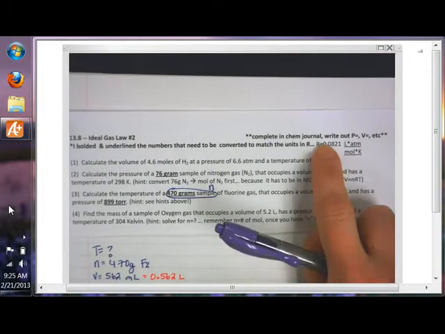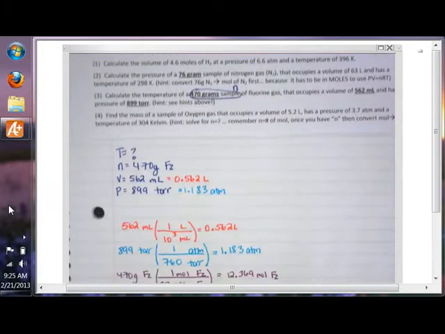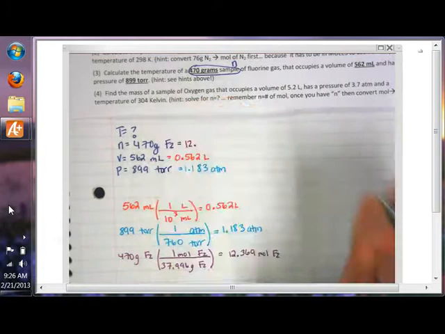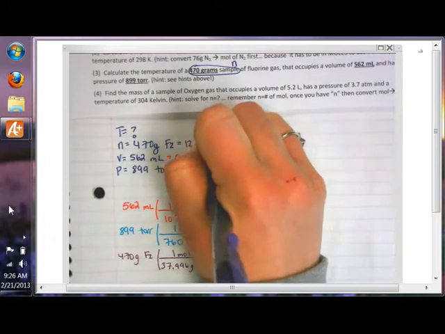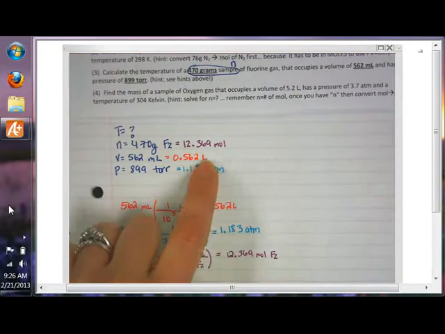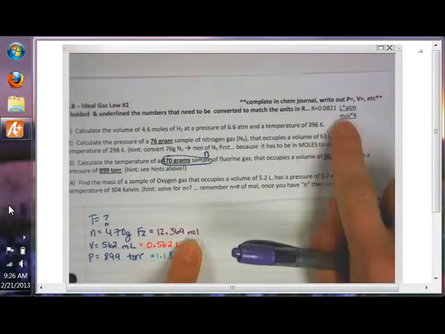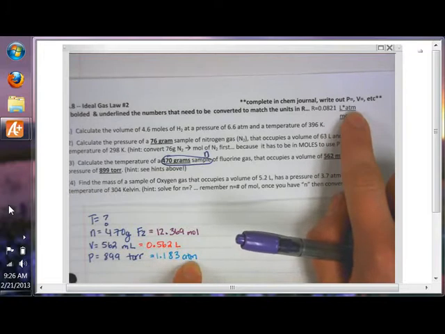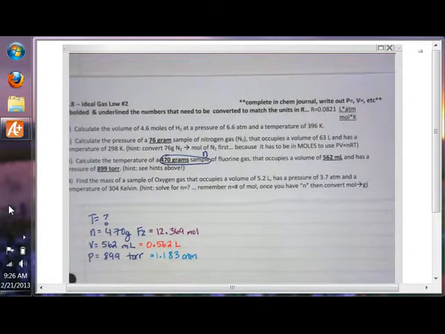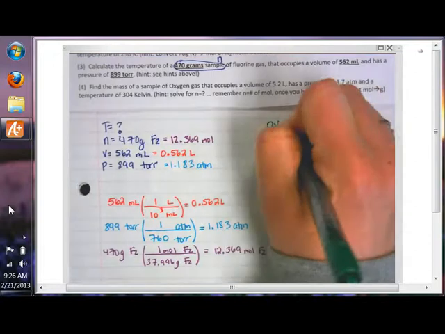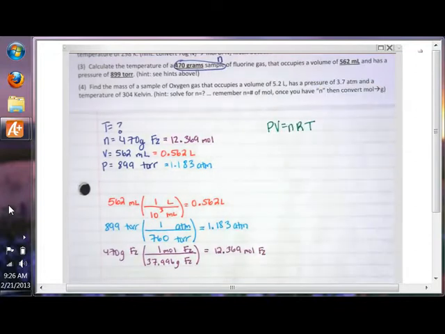So now I'm just going to write that here. That equals 12.369 moles. Now that all my units match up, moles, moles, liters, liters, ATM, ATM, I can go ahead and use PV equals nRT. So I've got my formula, and now I'm just going to plug and chug.